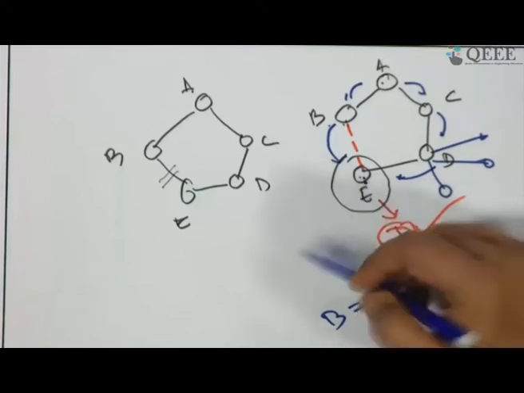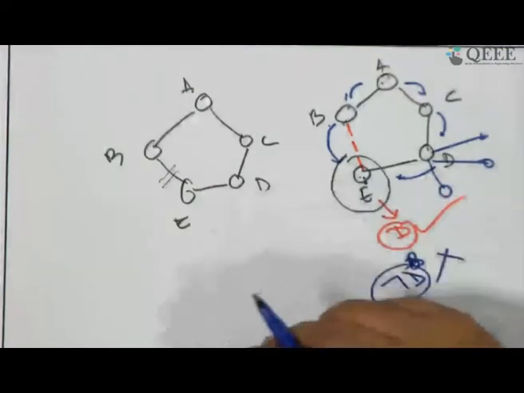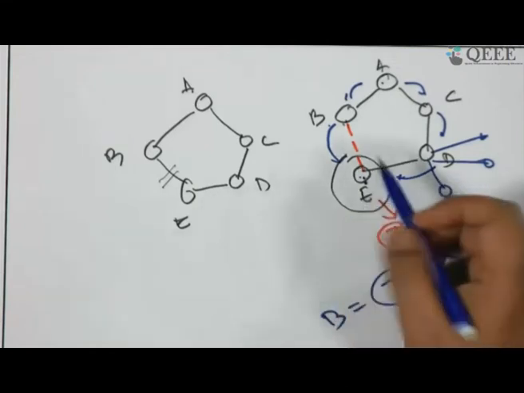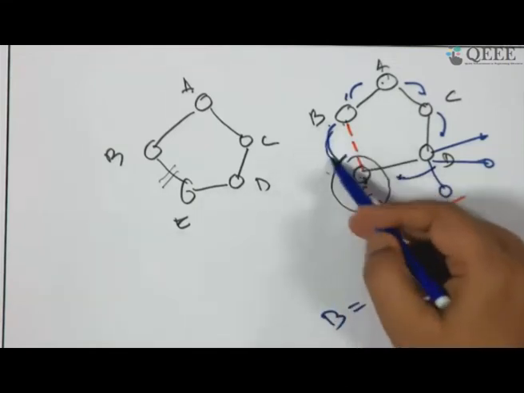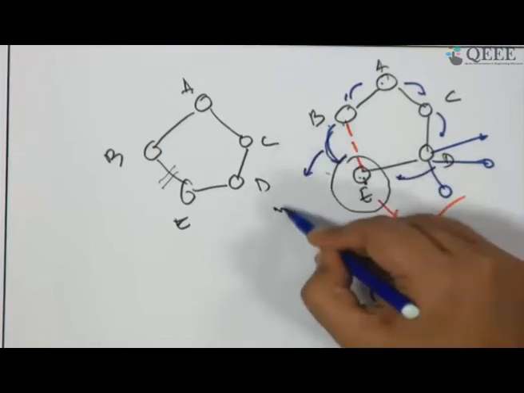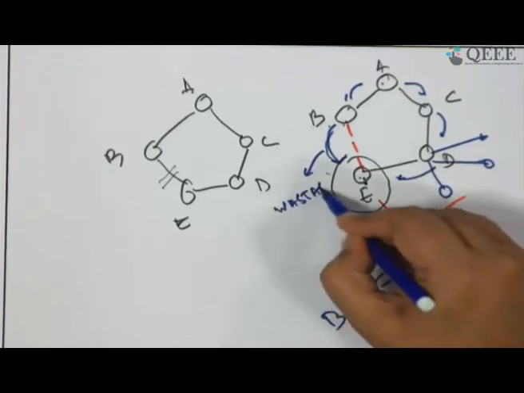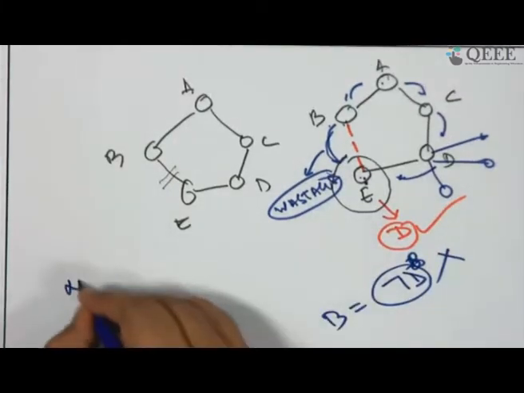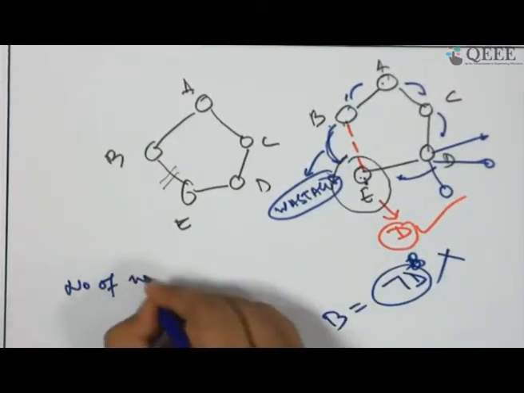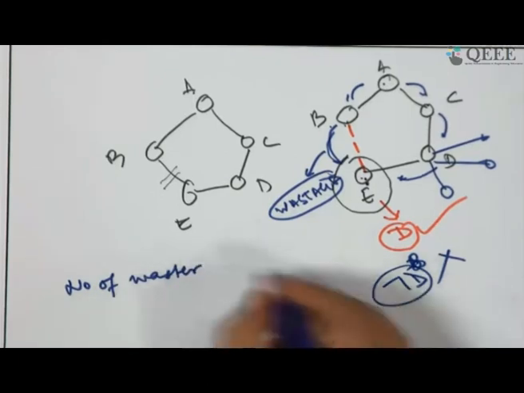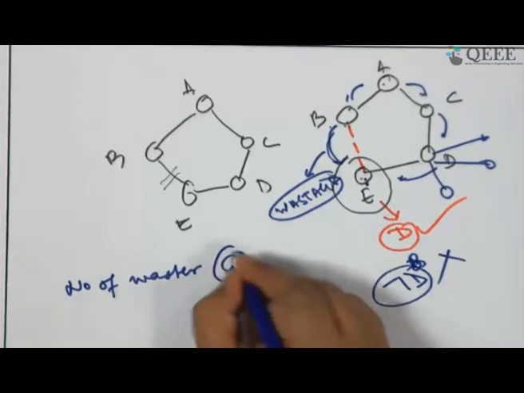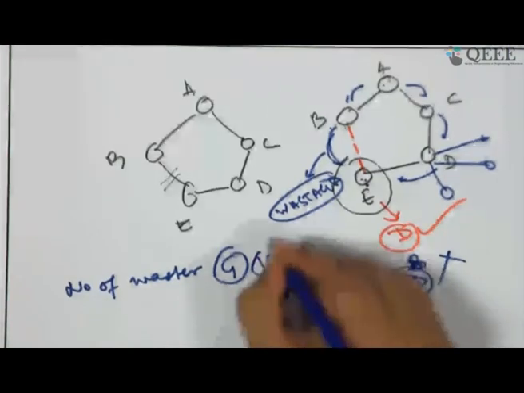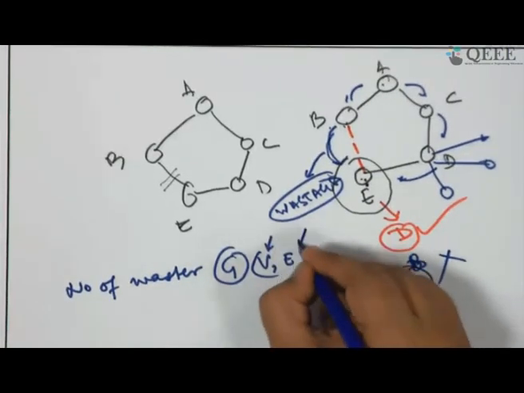So this is a wastage, surely. What would be the number of wastage then? I have a graph with V number of nodes and E number of edges.